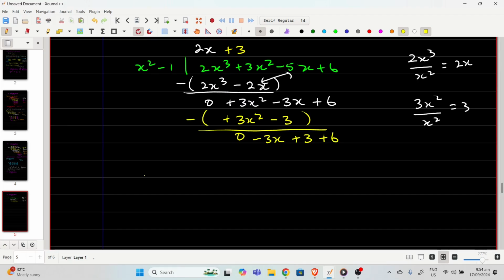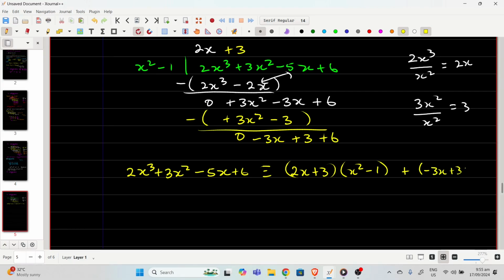So 2x to the third power plus 3x squared minus 5x plus 6 is equivalent to saying 2x plus 3 times x squared minus 1 plus the remainder, which is negative 3x plus 3 plus 6, which works out to be 9. All right? Oopsie, plus 9.